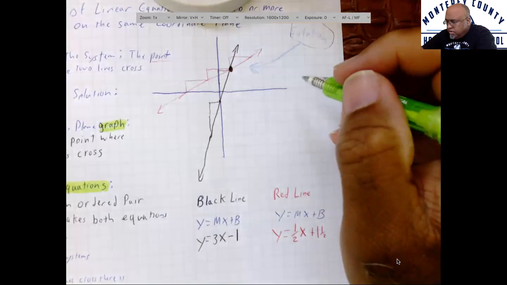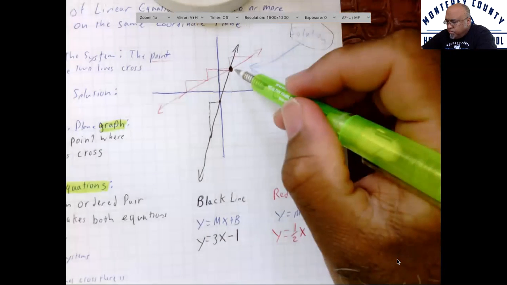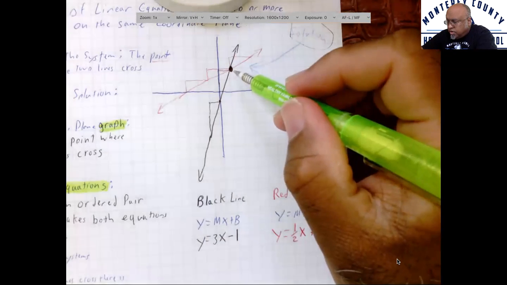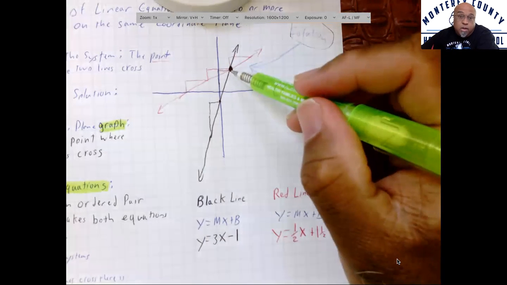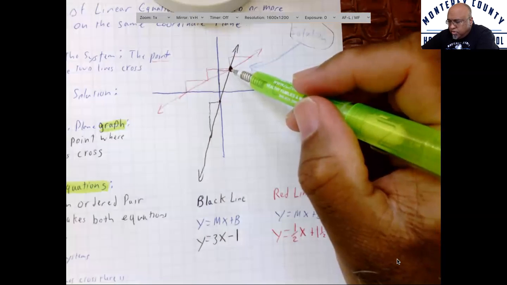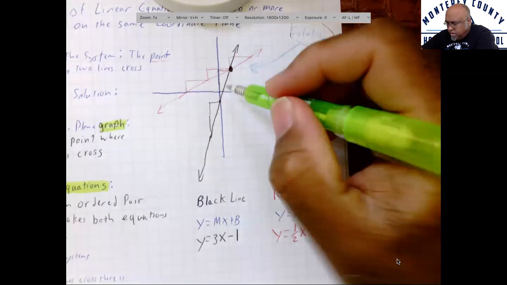Okay, so to see if this is correct, I'm going to put the point into the equations. Obviously, I can clearly see this is where the point goes because I'm looking at it, but let me see if the point works in the equation. So let me find the point and its ordered pair.